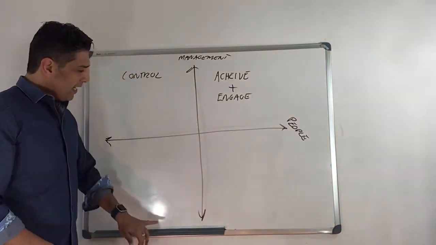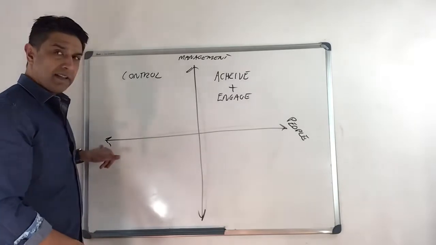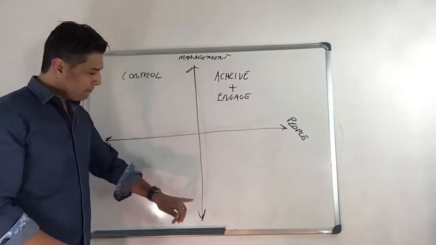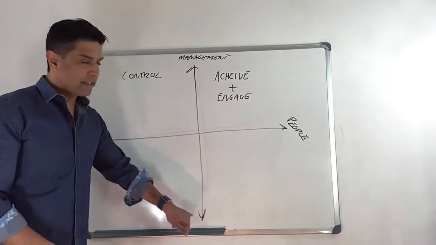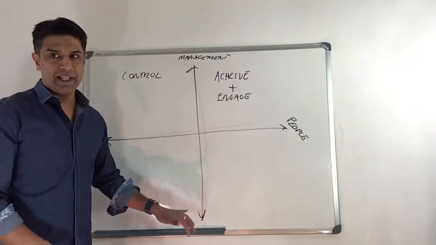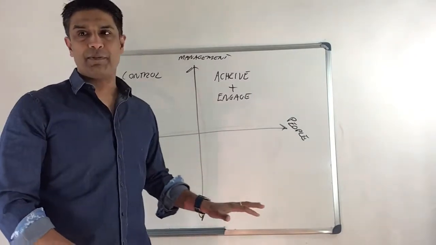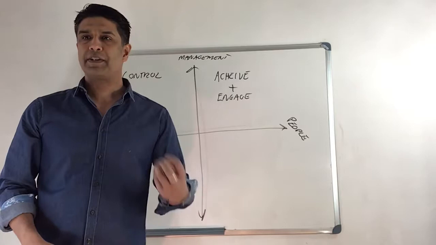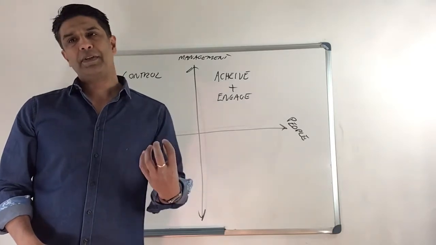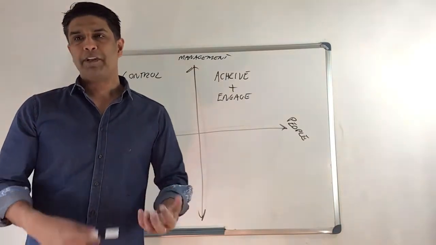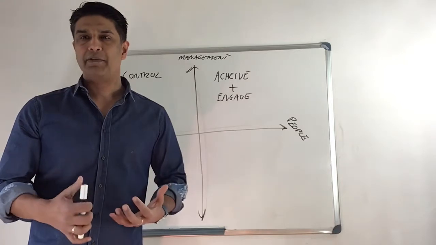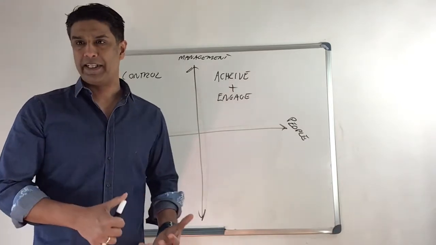Down here I have, again, less regard, less concern for people, and not so focused on the achievement of management objectives. Now you might wonder, why would a manager even adopt that style, right? But as soon as we go through this model, hopefully it becomes apparent that, okay, there are times when someone might actually slip into that space, right?